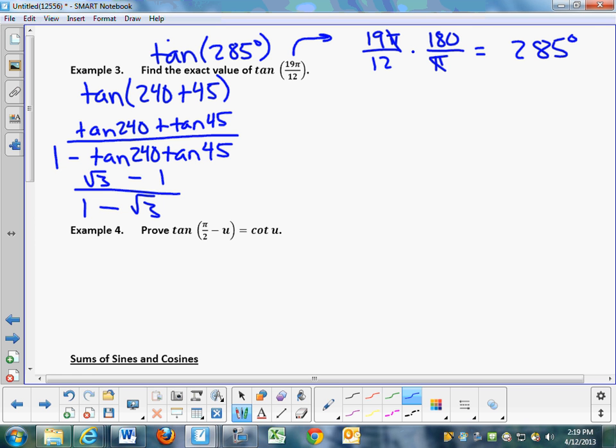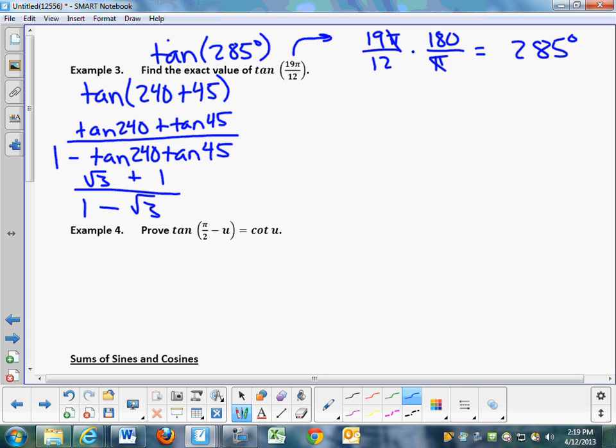What to do, what to do? Multiply by the conjugate, 1 plus square root of 3. Yes, very good. Why is it minus on the bottom?